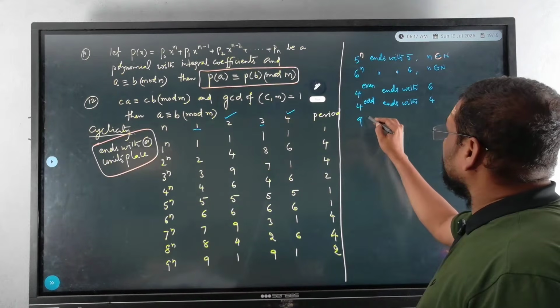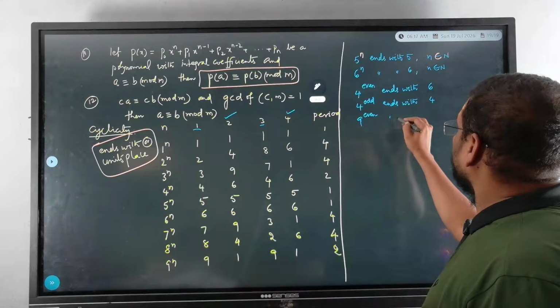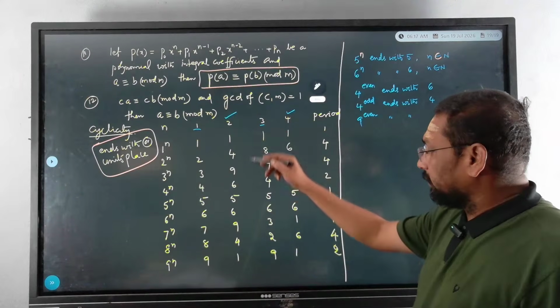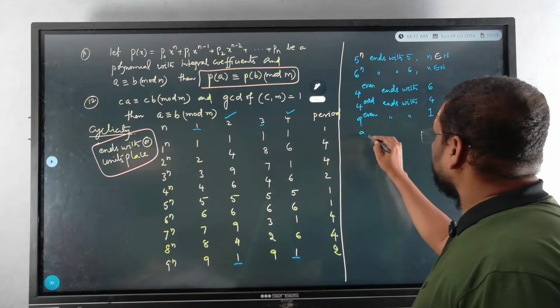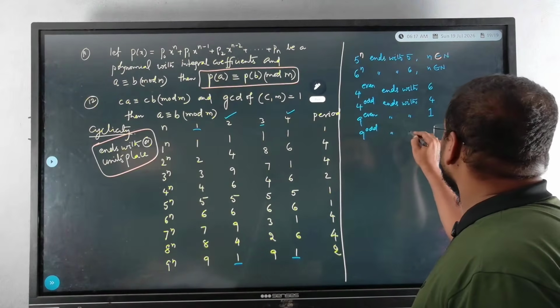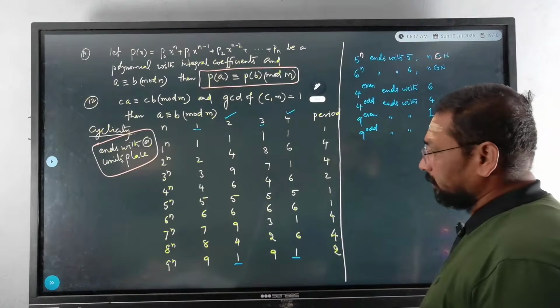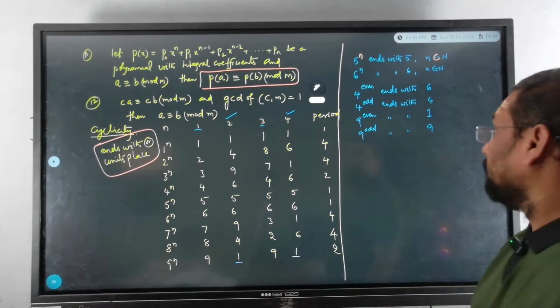The same way, 9 power even ends with 1, and 9 power odd ends with 9.